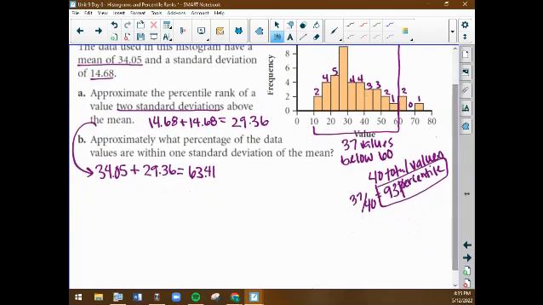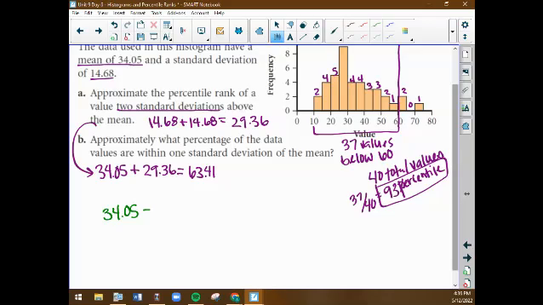Then the second one: approximately what percentage of data values are within one standard deviation of the mean? What I want to do is find the minimum value that could be within one standard deviation of the mean.